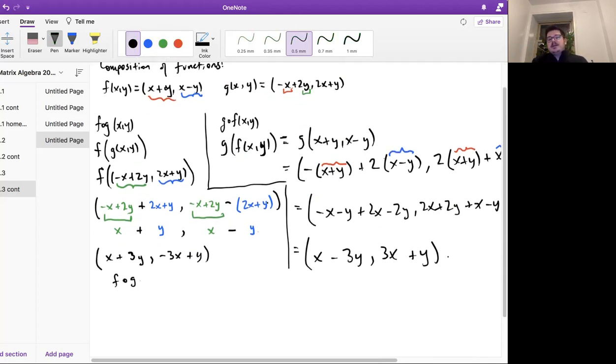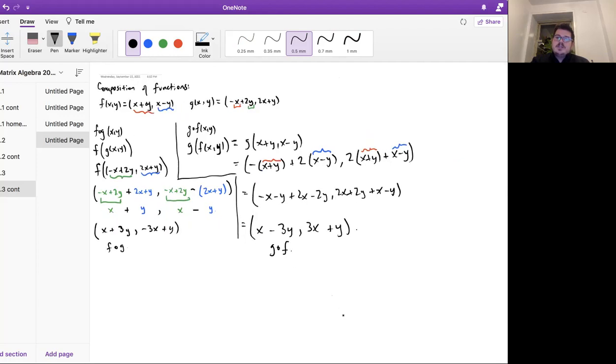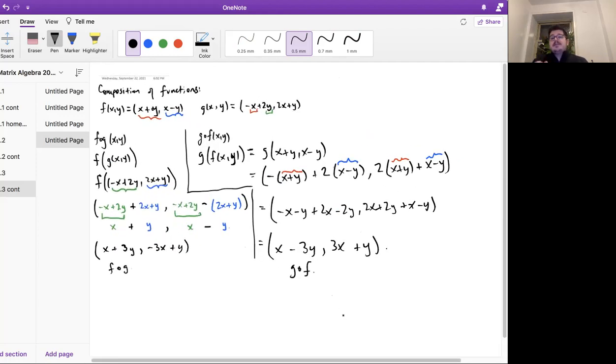At any rate, you can see that the composition is different if you do it in different directions. So the goal of what we want to accomplish here is, can we represent this composition of functions with the matrix itself? This is how we're going to find matrix multiplication.